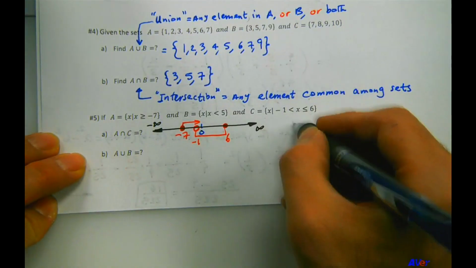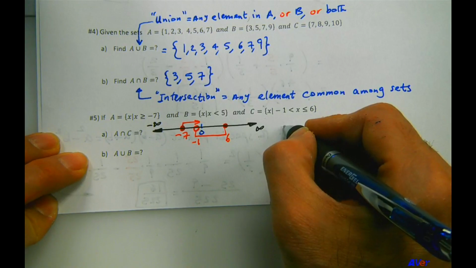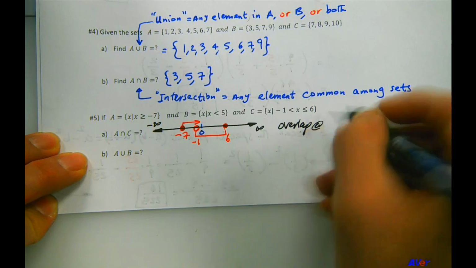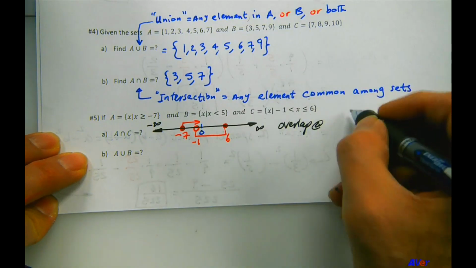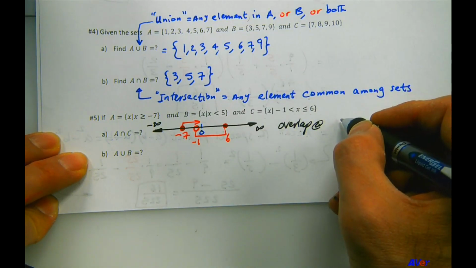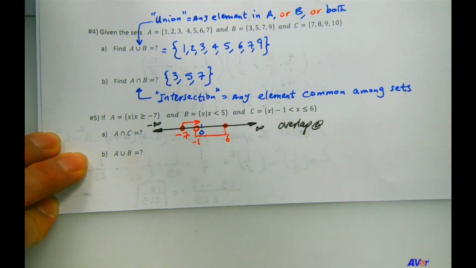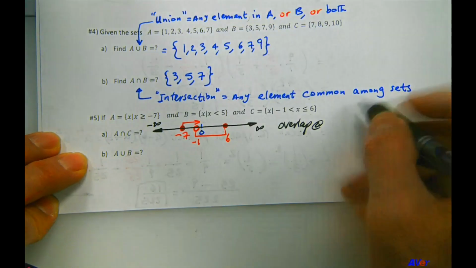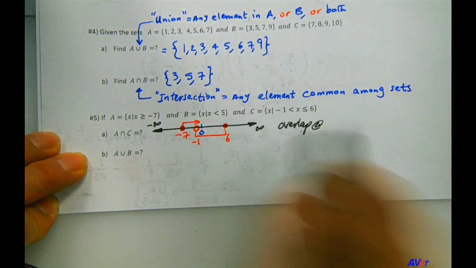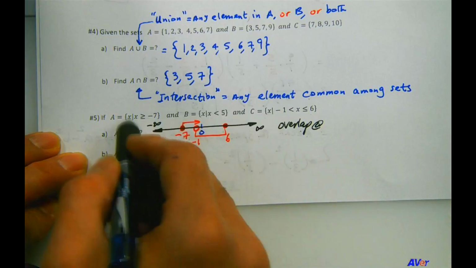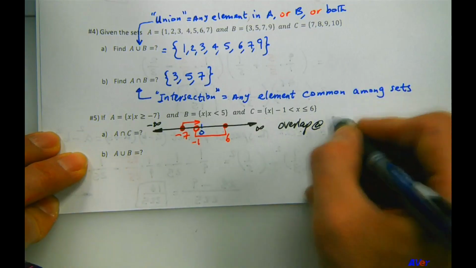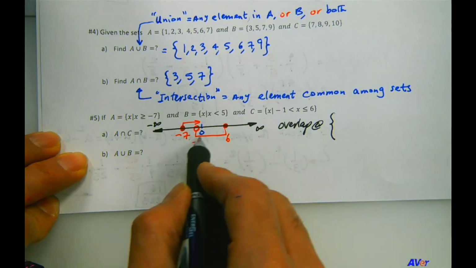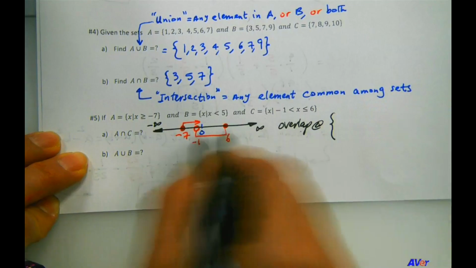They overlap, because the intersection is the overlapping piece. So they overlap in this interval. I'll give the answer both ways, using the interval notation and the set notation that we have here. So this would be -1, and it can't be -1, right?